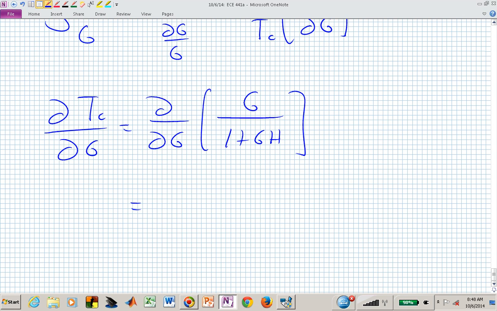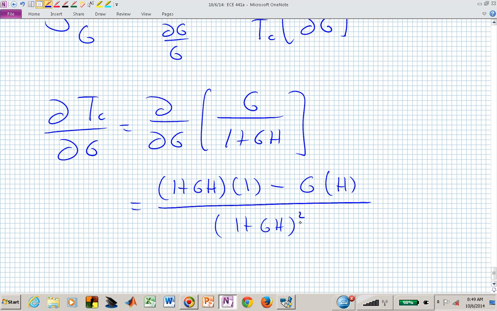Because G is appearing in both places, numerator and denominator, and we're taking the derivative with respect to it, we have the denominator times the derivative of the numerator, partial of G with respect to G, 1, minus the numerator times the partial of the denominator with respect to G. What's that? 1 plus GH differentiated with respect to G. That's just H. All over the denominator squared.